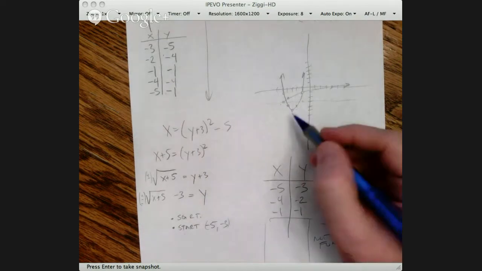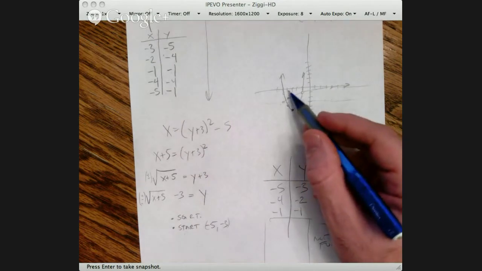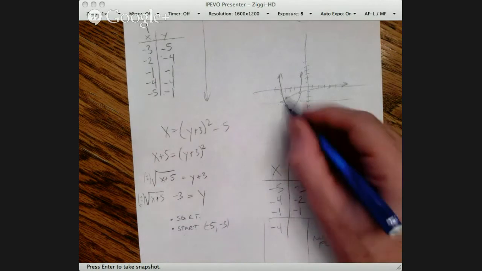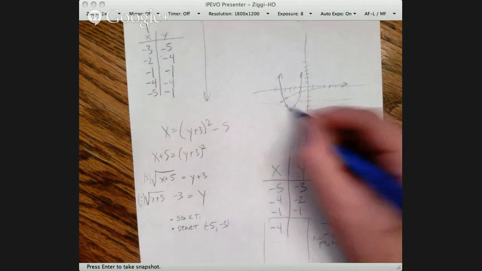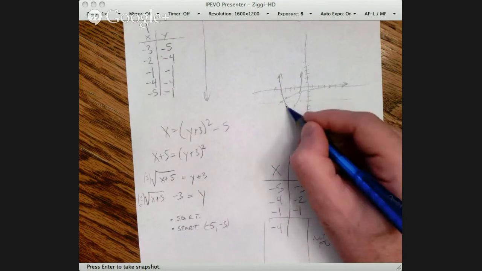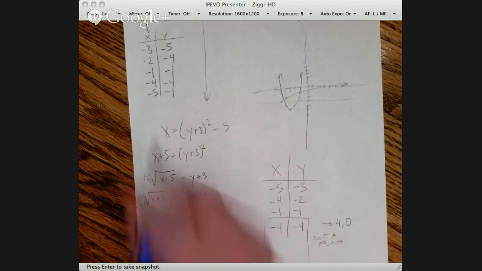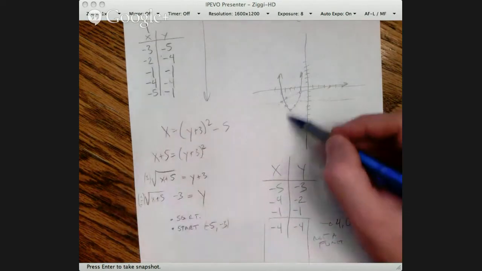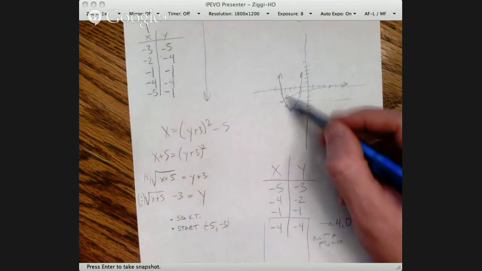Because if we think about what would happen for plus or minus, that means that if I was to plug in a -4, the other value that I could get would be down here at -4, -4. And while we have a pair for that up here, the problem is that I now am not dealing with a function because I have 2 y values for an x value.